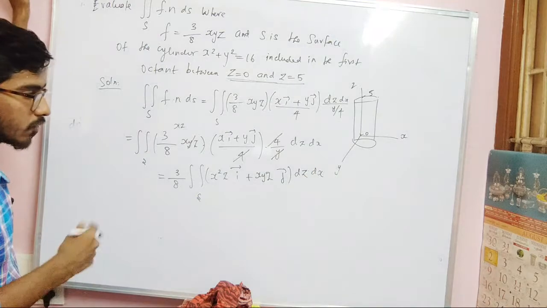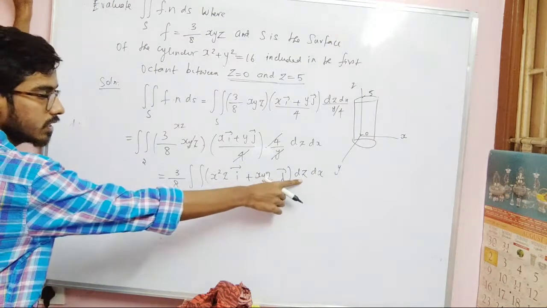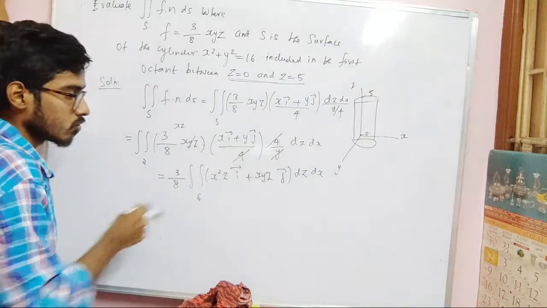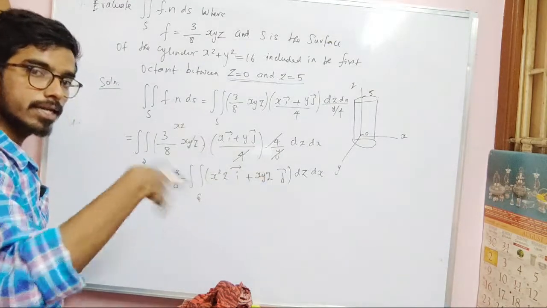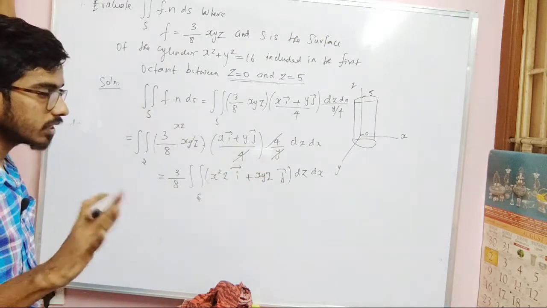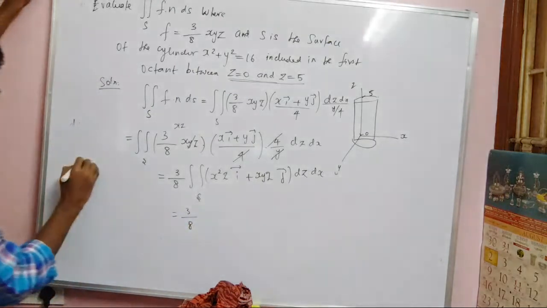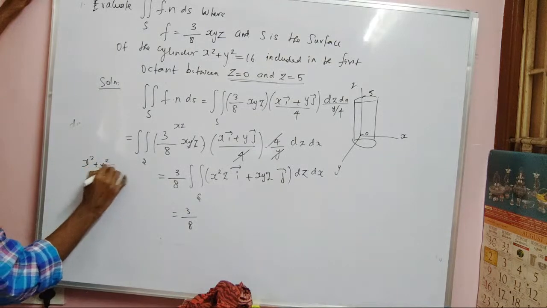So you can see we are only integrating with z and x, but we have y here, right? So we need to transform y in terms of z or in terms of x. I am going to write this as 3 by 8. We have x square plus y square equal to n.